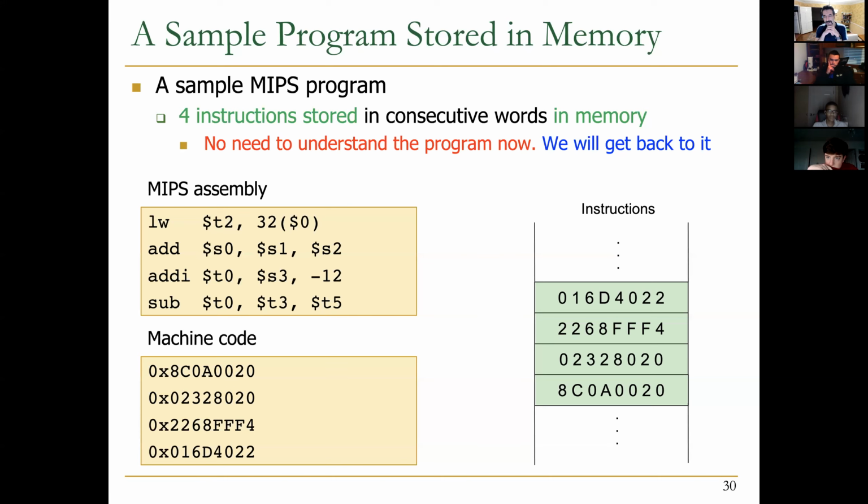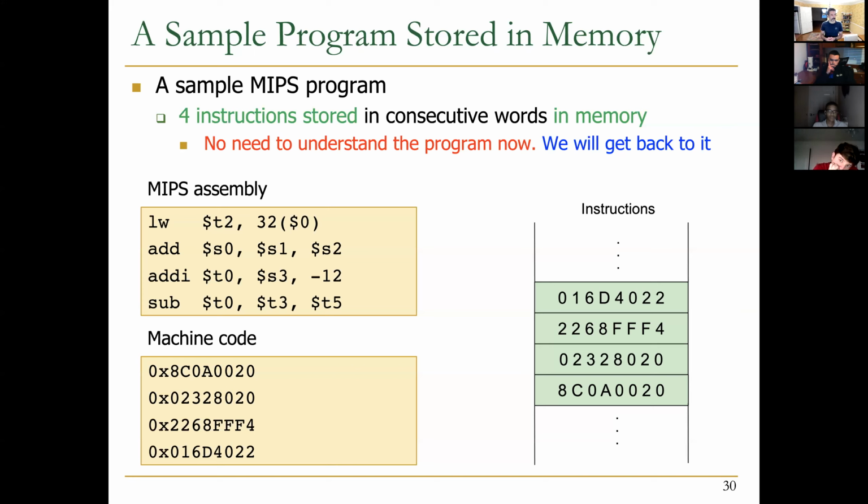If I ask you what are the 2 key properties of the von Neumann model, it boils down to 2 things: being able to store a program inside the memory, as you see here, where we have a stored program in the memory.